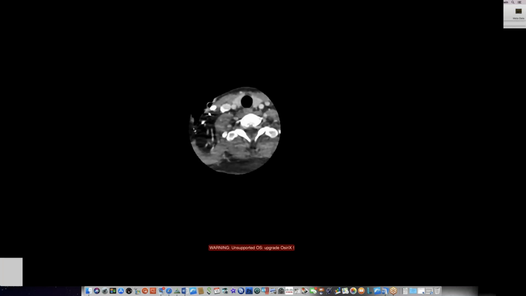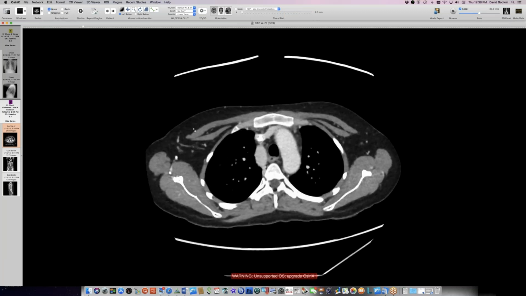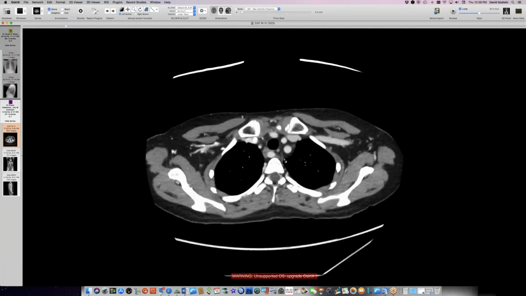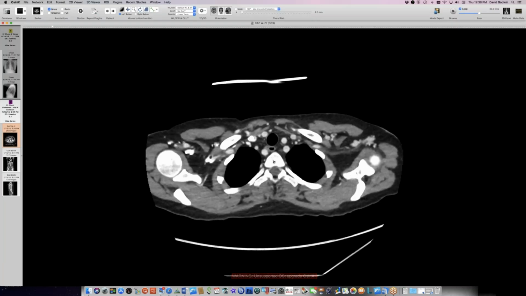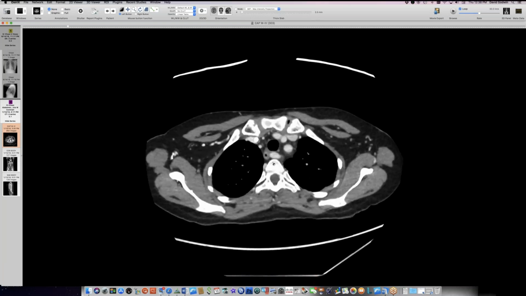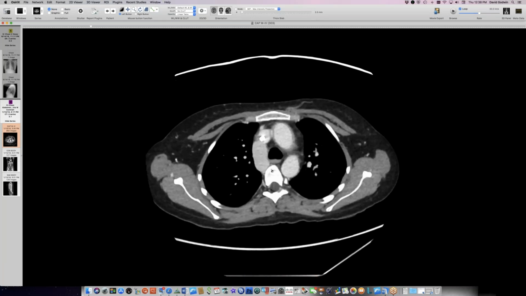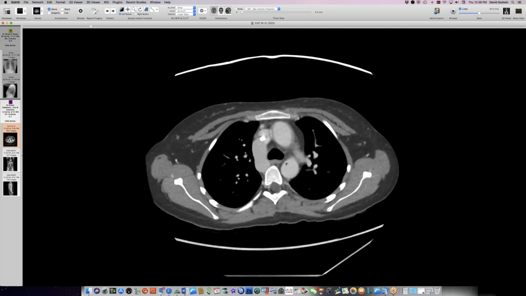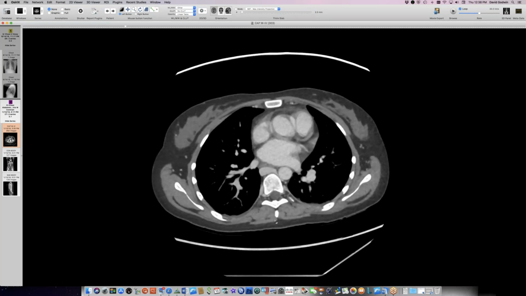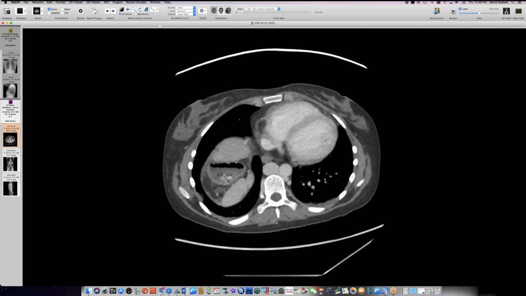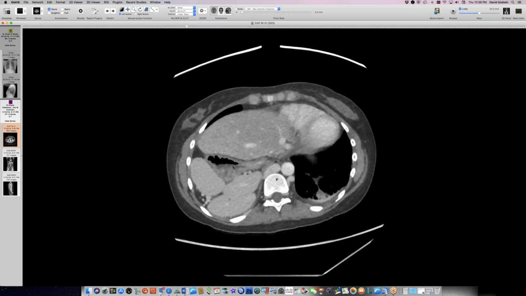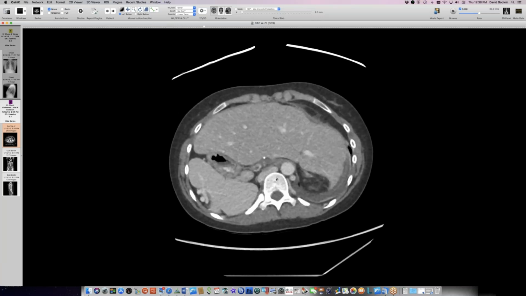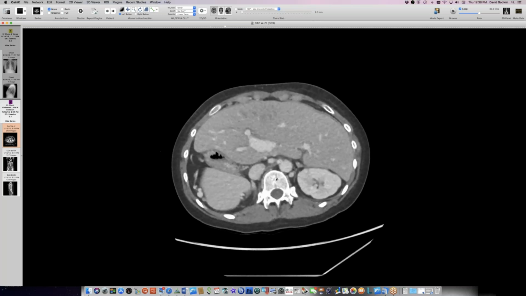Ready? Very good. Okay, so we do have aberrant right subclavian. And then we have very dilated azygous vein. And that dilation continues downward. We get into the abdomen here, and then all of this blood comes from the inferior vena cava.